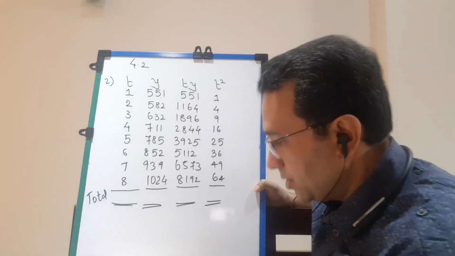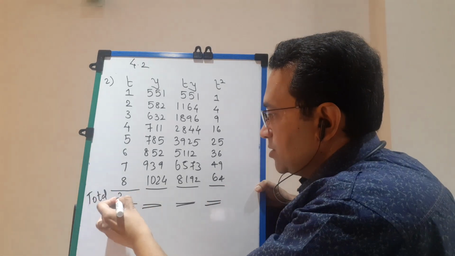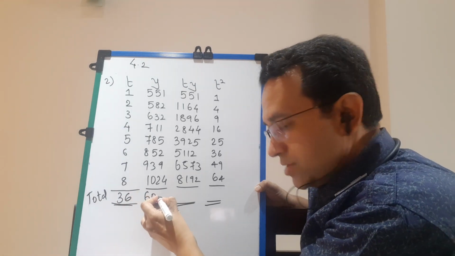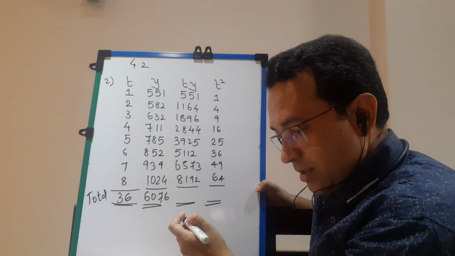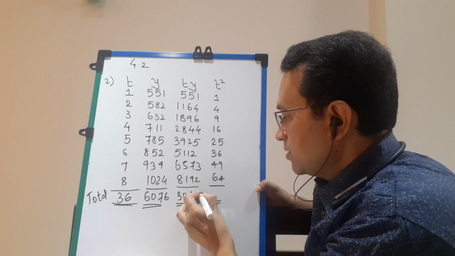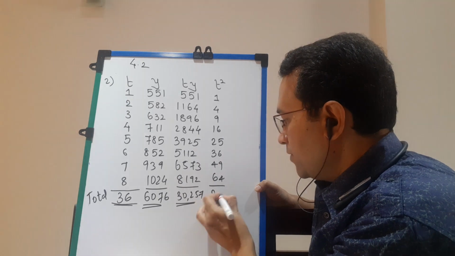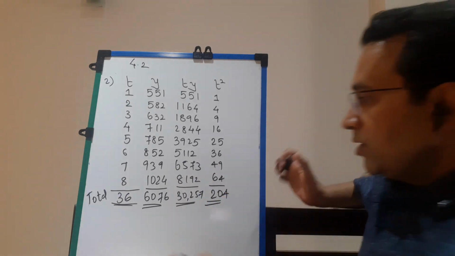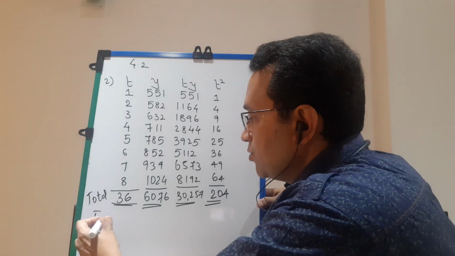I have taken the totals. These totals are 36, 6076, 30,257, and total of t square is 204. Now let us find t bar and y bar as usual.